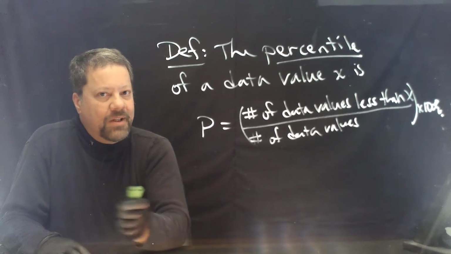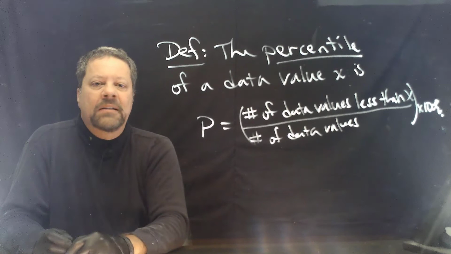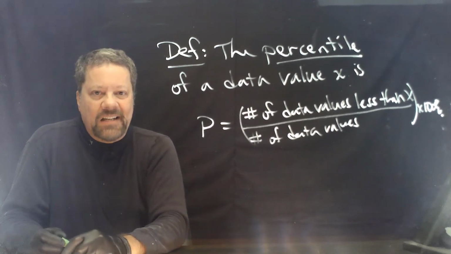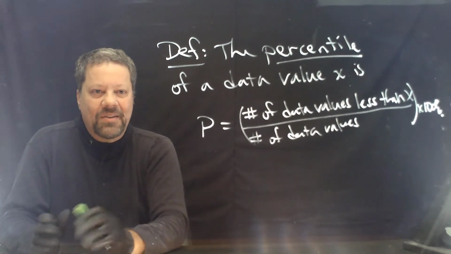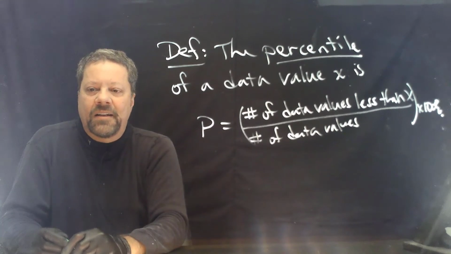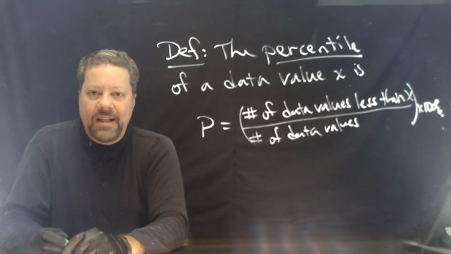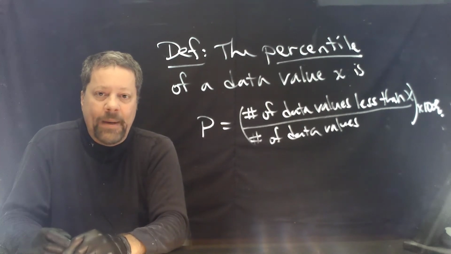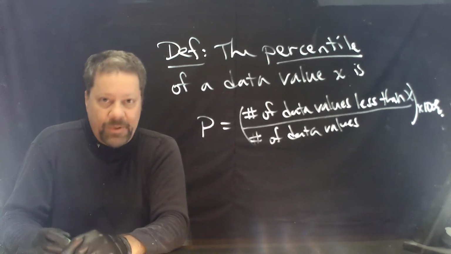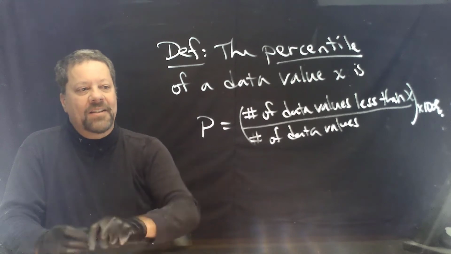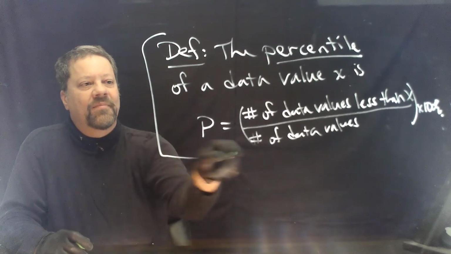Even though they got 100% on the exam, they got the top score, they're still at the 99th percentile. So this is true of a lot of standardized exams. You could get into the 99th percentile, but nobody gets to be the 100th percentile. So that's the way the system works.